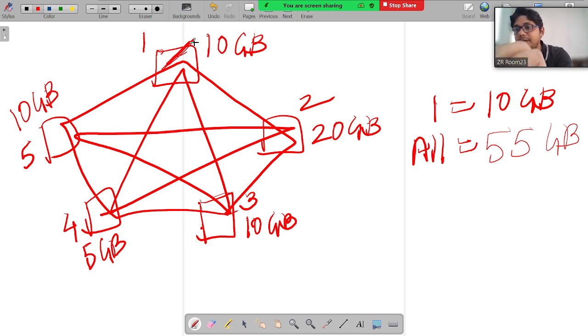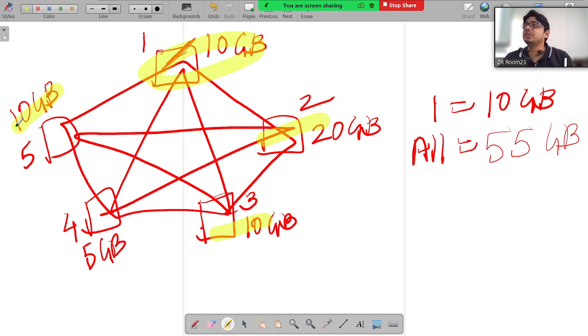The power of grid is that I can use the 10 GB of computer number 1, and for more storage I can take storage of all these computers, as long as they are in the grid, connected with each other. This is the main function of grid.